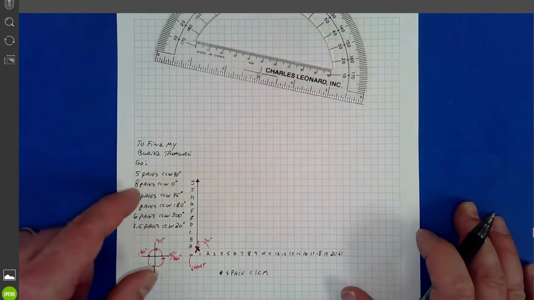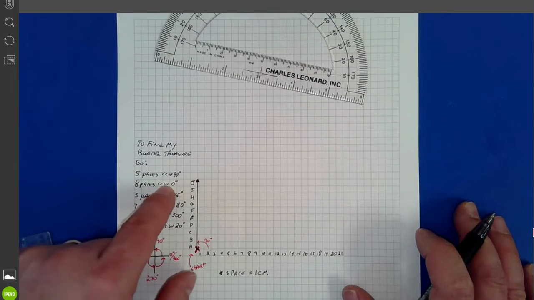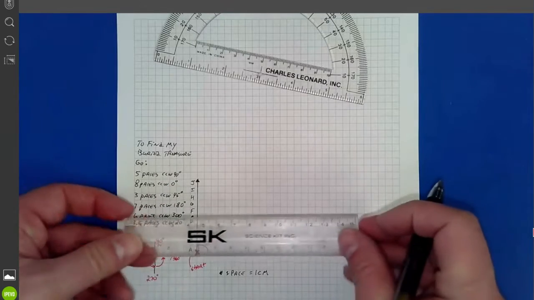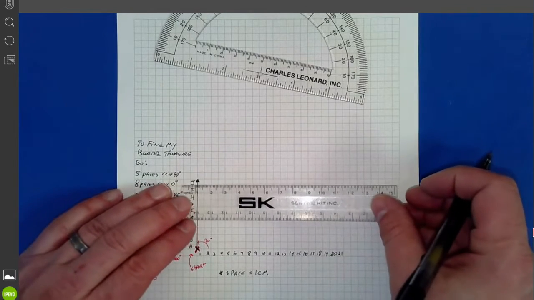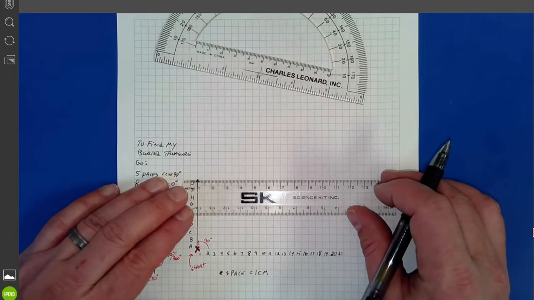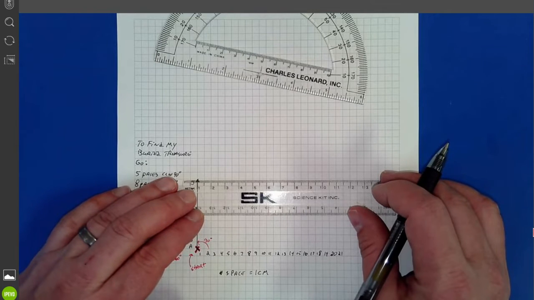The next one is 8 paces, so 8 centimeters, and it's counterclockwise 0 degrees. What that means is it's not turning, it's just pointing east. You don't have to change the angle on this one. Again, I'm starting at 1 because I can't see the end of this ruler.